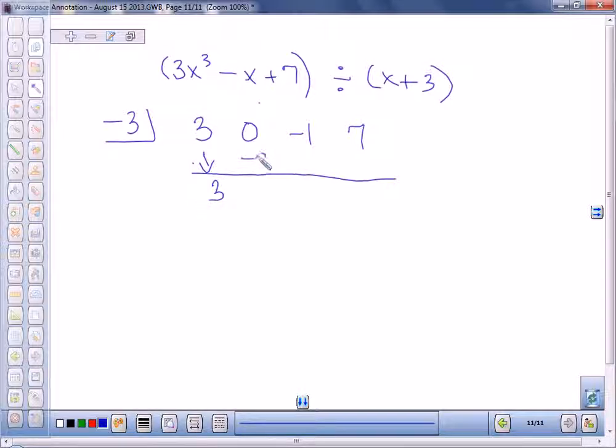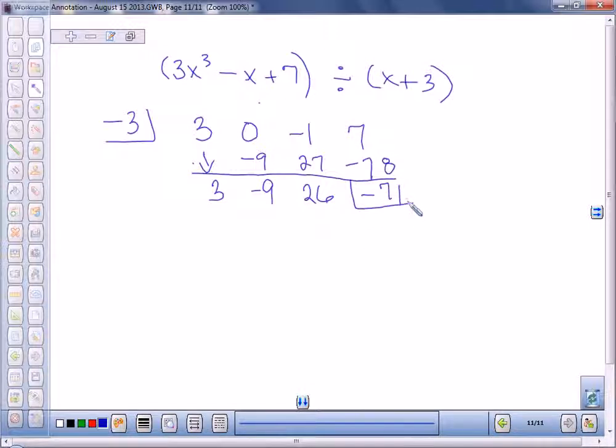Negative 3 times negative 9 is 27. Then I add 26. Then I multiply. Then I add. Every time this last number is what? The remainder. So my remainder is going to be negative 71 over my divisor, x plus 3.